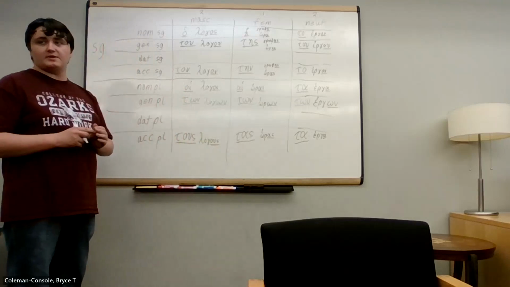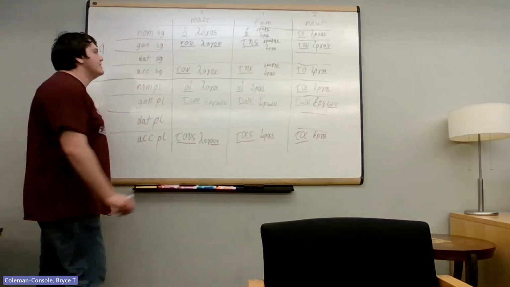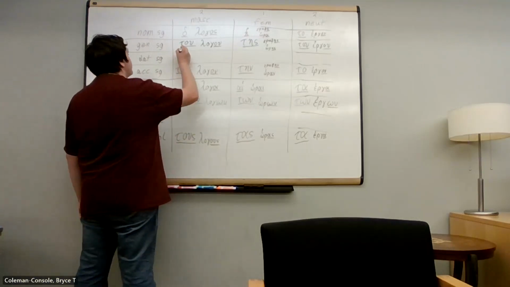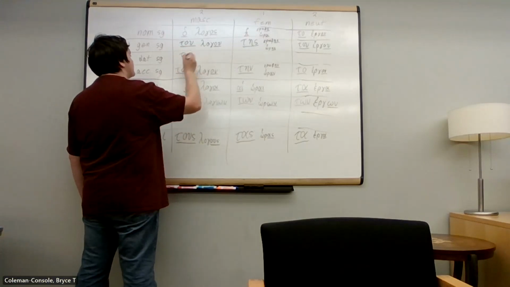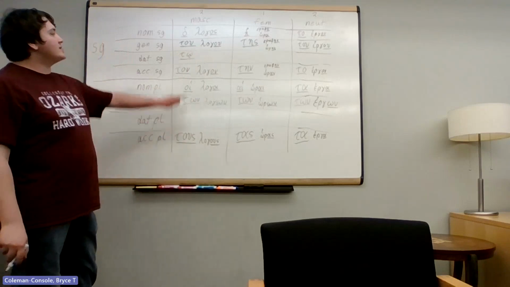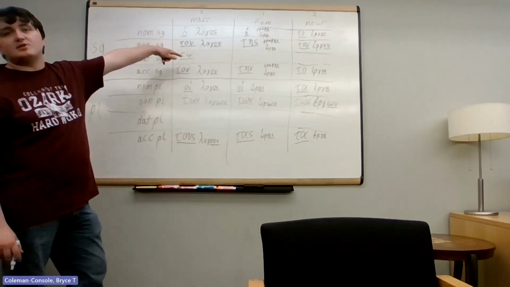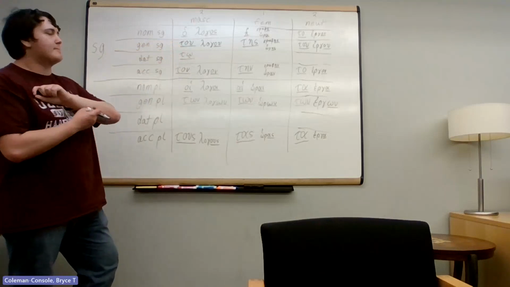Okay. Any guesses? I'm joking. You're not going to be able to guess this. Okay. Toe. And then it has that little funky thing underneath, a small iota underneath the omega.